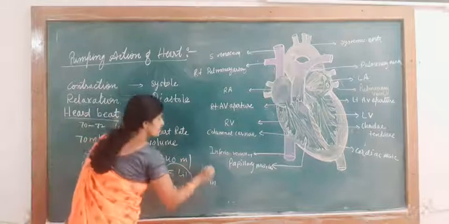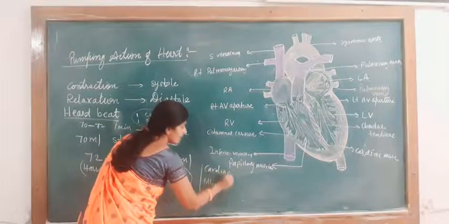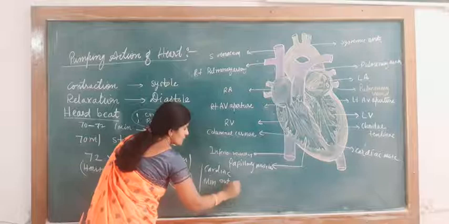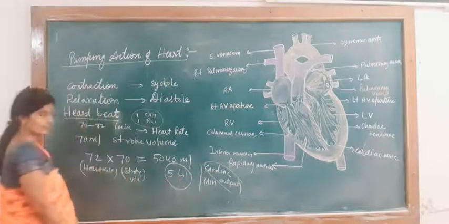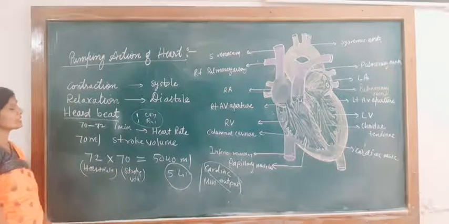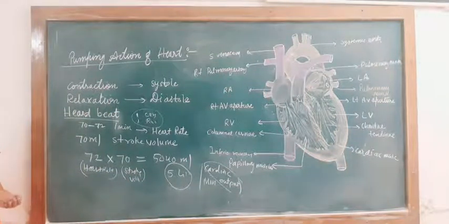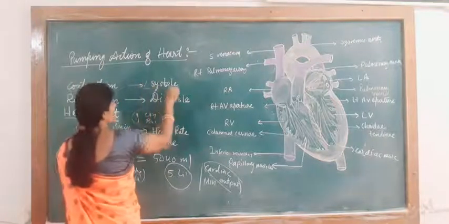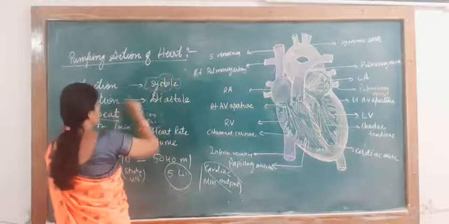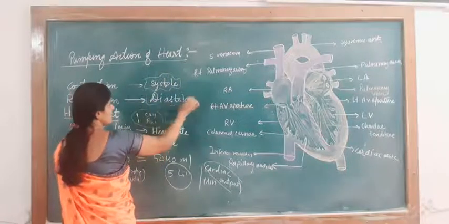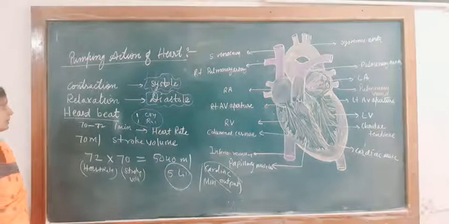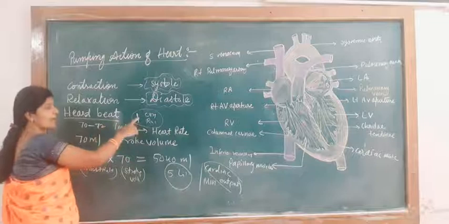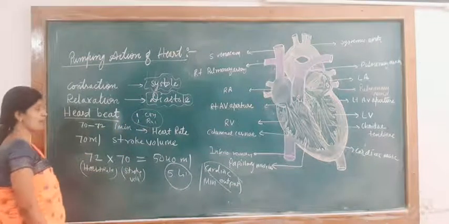What is the cardiac output? 5 liters. Now these terms we have to remember. What is systole? Contraction of the heart muscle is called systole. What is diastole? Relaxation of the heart muscles is called diastole. What is heartbeat? One contraction and one relaxation makes one heartbeat.